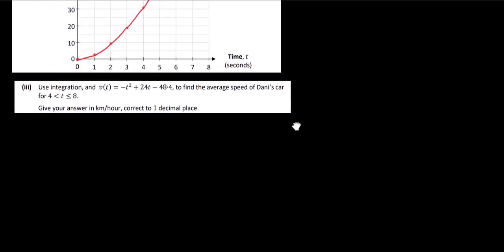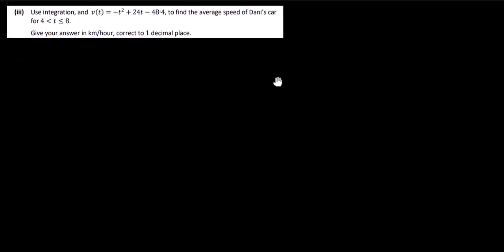Okay, so the last part of this question is to use integration, and v of t equal to minus t squared plus 24t minus 48.4, to find the average speed of Danny's car for t between 4 and 8. Give your answer in kilometers per hour, correct to 1 decimal place. So this is an average value kind of question.